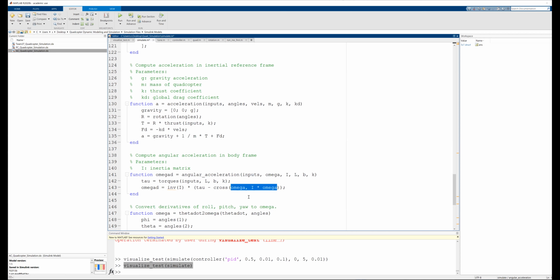I used a Matlab built-in command called cross for finding the cross product, and with that you can find out omega d.